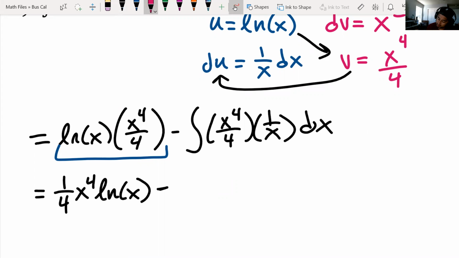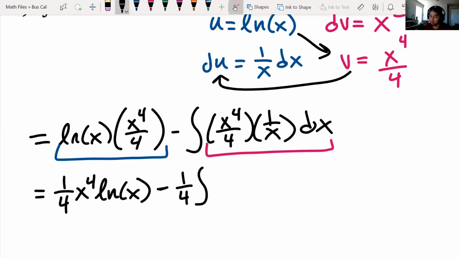Minus, now over here, I again have a fraction of 1/4. So I'm going to take that, move it to the outside, and then what you're left with is x to the 4th times 1 over x dx.